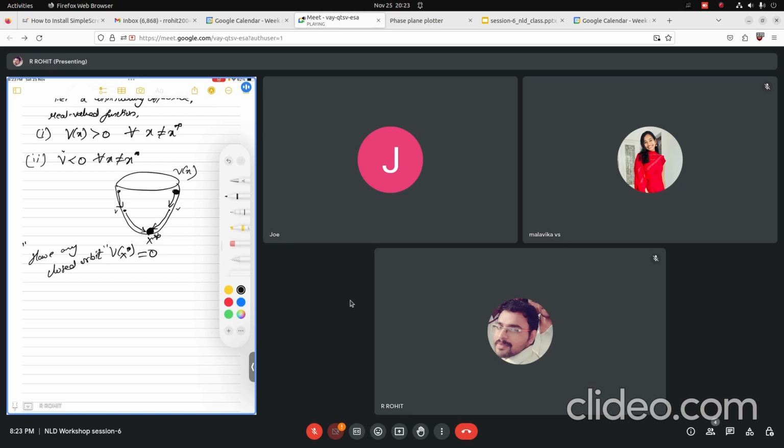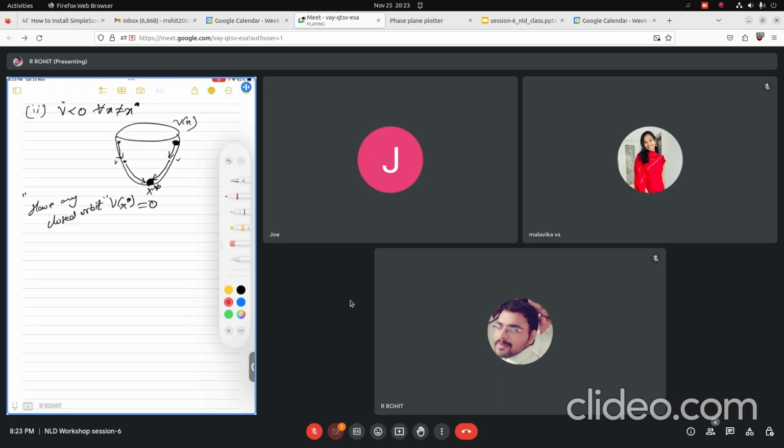So in order to find a Lyapunov function, I will just finish this with an example. Say you have an equation of the form x dot is equal to minus x plus 4y, and y dot is equal to minus x minus y cube. Now the question is, does this system have any closed orbit?